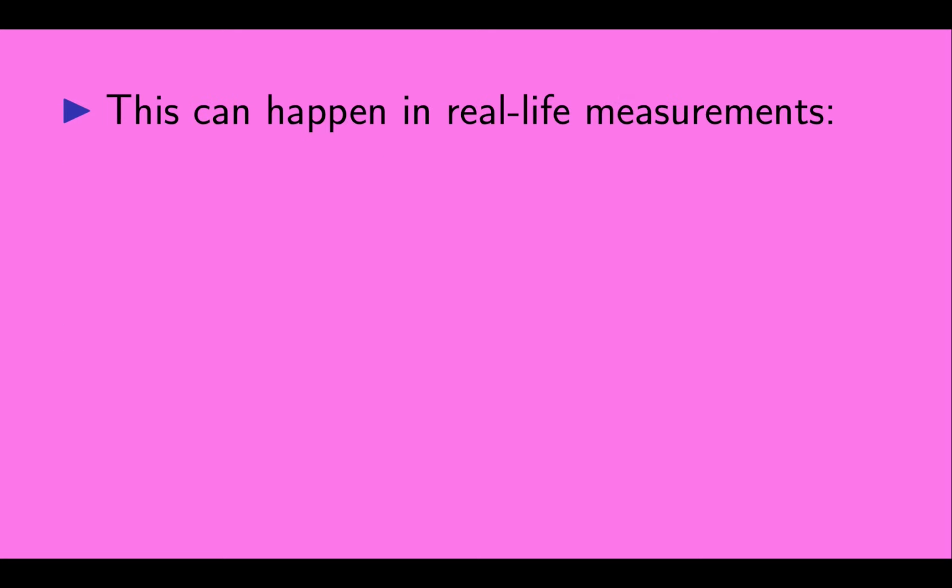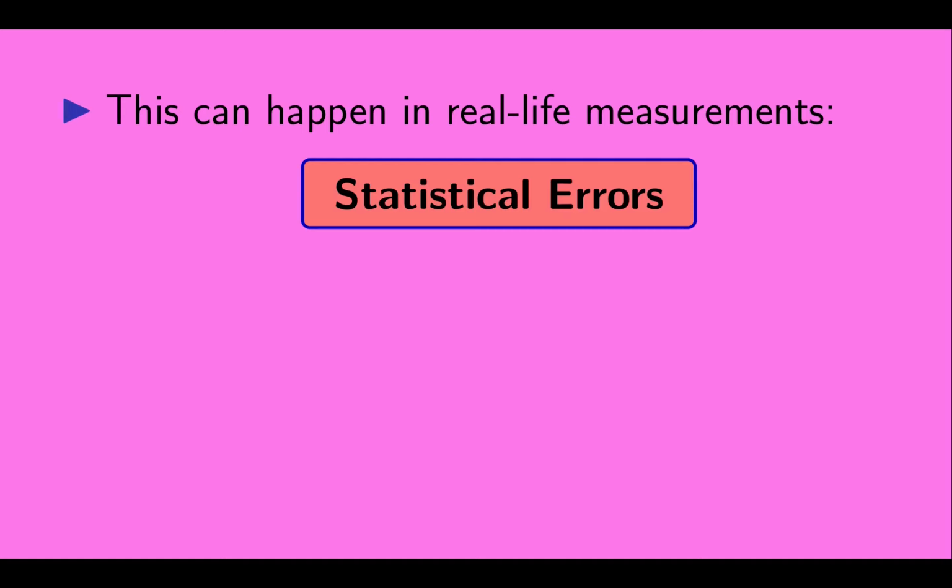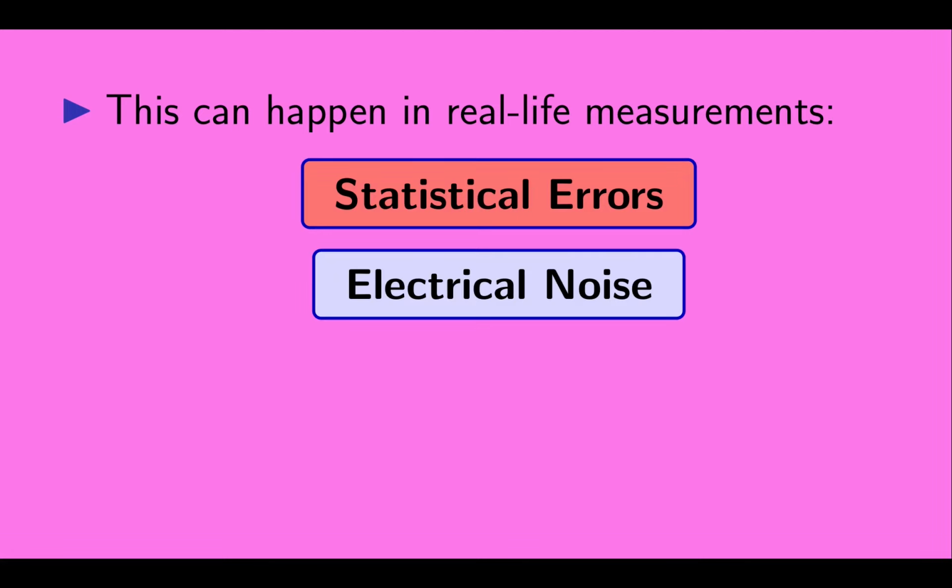This can happen in real-life measurements. Statistical errors are often, but not always, approximately Gaussian distributed. If your measurement apparatus has electrical noise in many different components, and the noise in each component is independent of the noise in the others, the total error induced by electrical noise may be approximately Gaussian distributed.